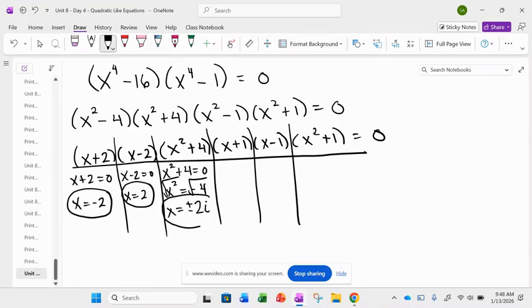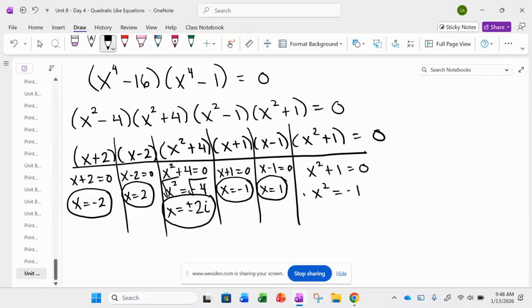That's 2 more solutions. x plus 1 equals 0, x will equal negative 1. X minus 1 equals 0, x will equal a positive 1. And then lastly, x squared plus 1 equals 0, x squared equals a negative 1. Square root both sides, x will equal plus or minus i.